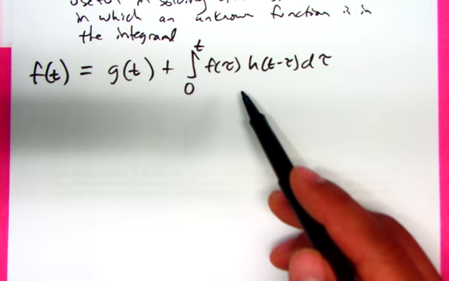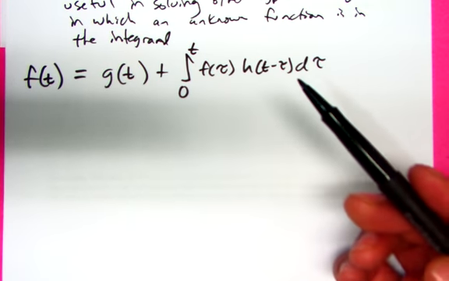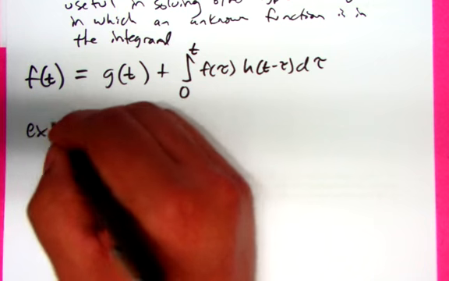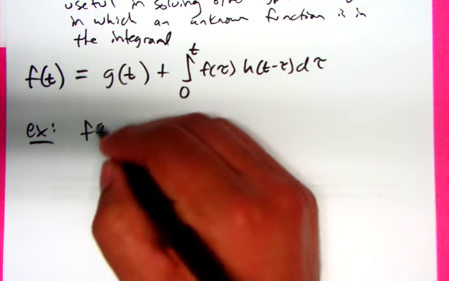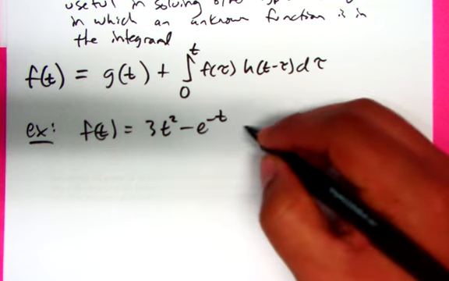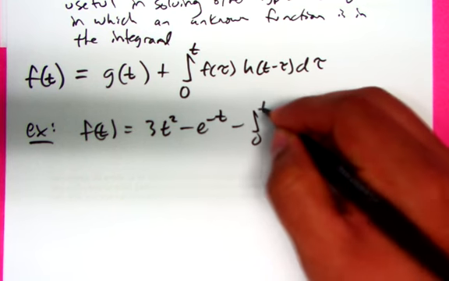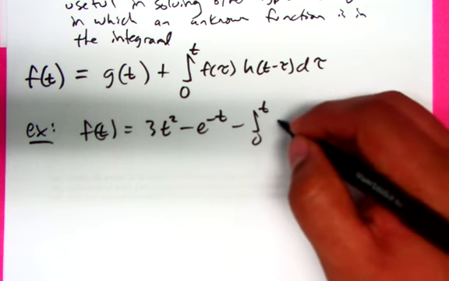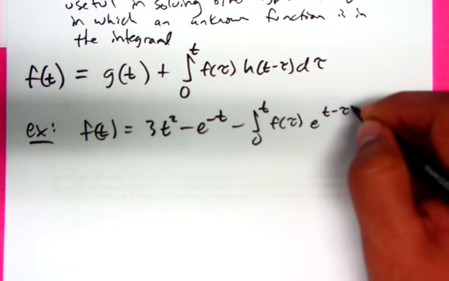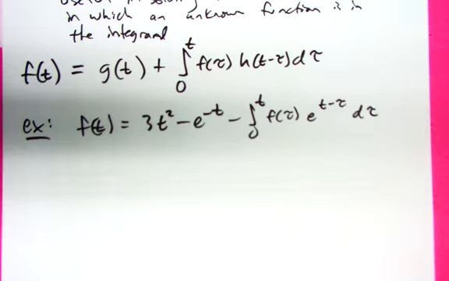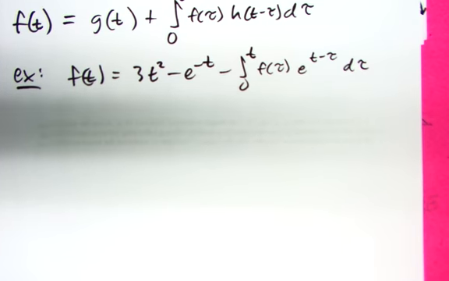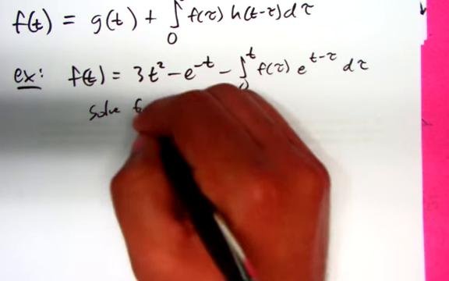And the same goes as before. We want to take the Laplace transform of everything, and then that makes life really easy. So for example, if we have f of t equals 3t squared minus e to the negative t minus the integral from 0 to t of f of tau e to the t minus tau d tau, and our goal is to solve for f of t.